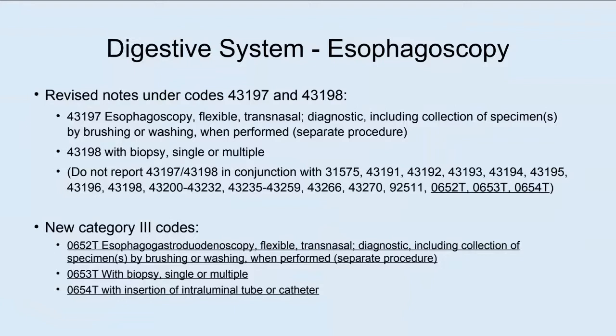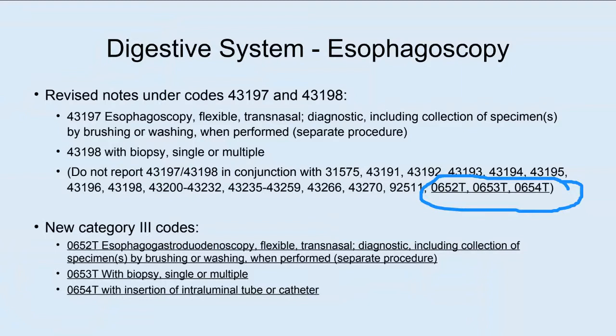Okay, so let's move on to the digestive system for esophagoscopy. The notes under codes 43197 and 43198, these codes are current codes, but they've changed the note. And where did they change the note? They referred you to some Category 3 codes. So what are those? Do not report 43197, 43198 for flexible esophagoscopy, diagnostic, or with biopsy.